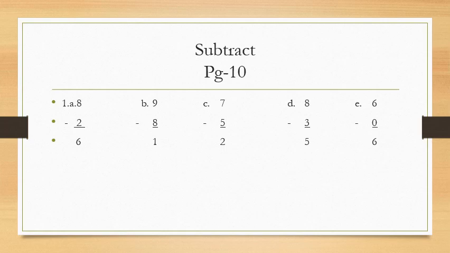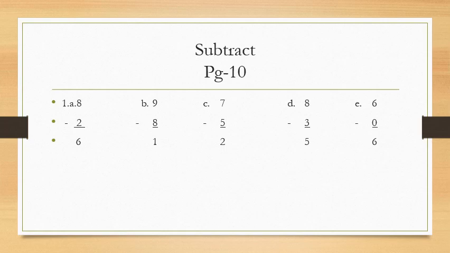Now children, next part. 7 minus 5. Here you have to subtract 5 from 7. So children, when you subtract 5 from 7, you will get answer as 2. 2 is the difference between 7 and 5.